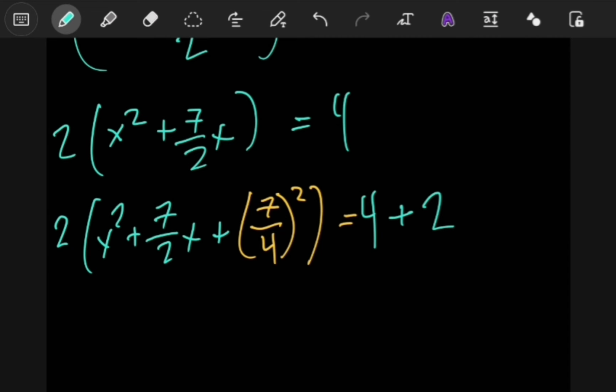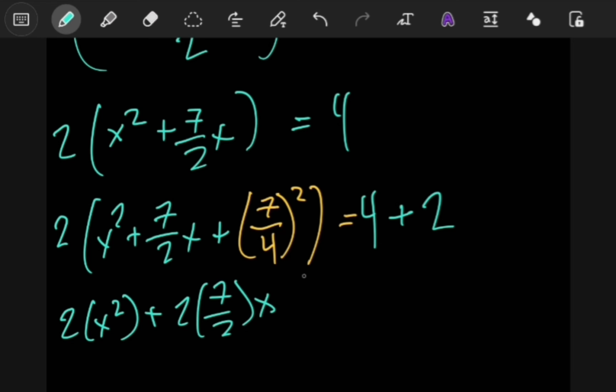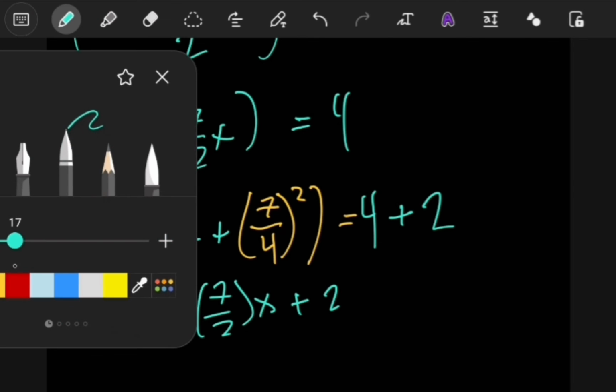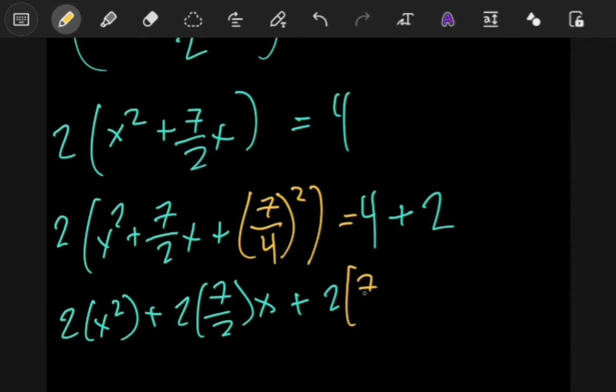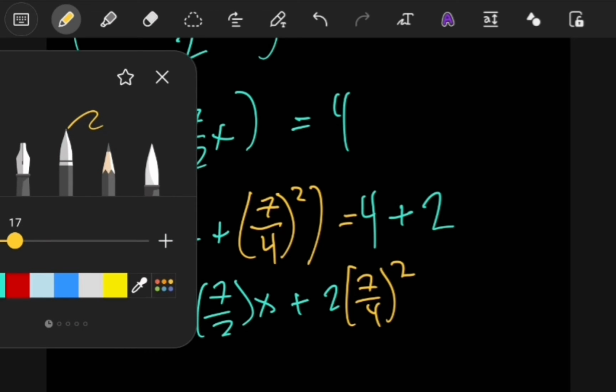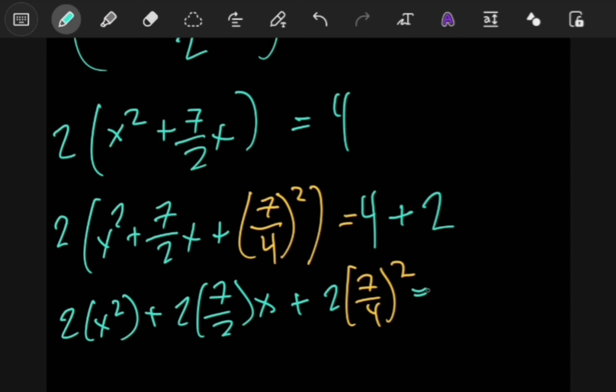The reason why it's 2, because if you separate the terms, this is 2x squared plus 2 times 7 halves x plus 2 times 7 fourths squared equals 4 plus 2 times 7 fourths squared.